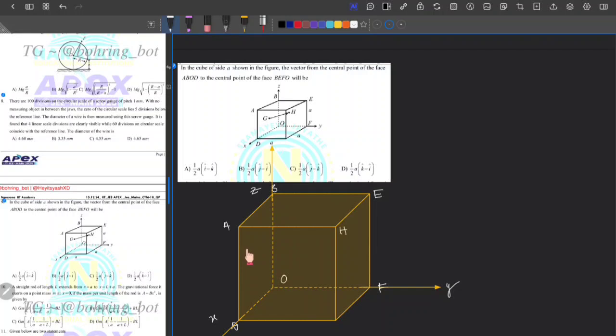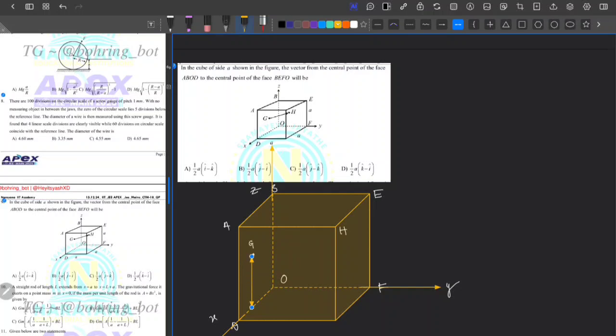Now what about the position of this one? It is on this. Now it is on which plane? It is on XZ plane, right? This G is on XZ plane. Now it is exactly in the middle only. So let me draw the coordinates of it.